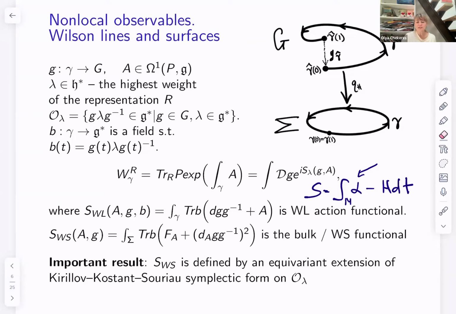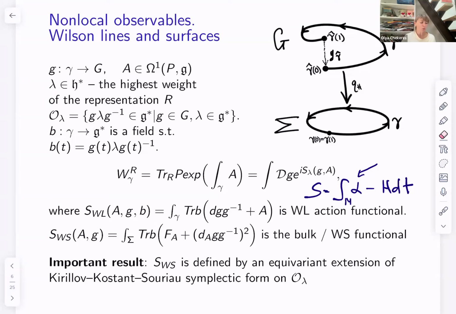In analogy with the Wilson line, actually Wilson, who introduced the Wilson line, has nothing to do with that. So we thought of a two-dimensional observable, a gauge invariant quantity defined on a two-dimensional surface, a two-dimensional manifold or a sub-manifold within a certain gauge theory.